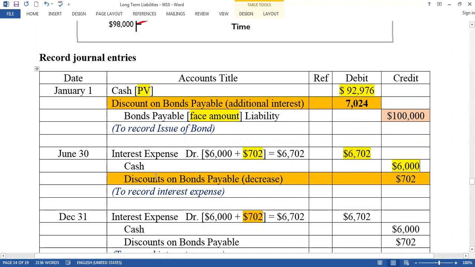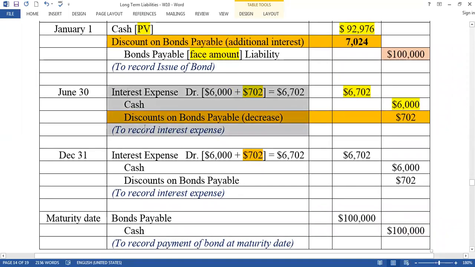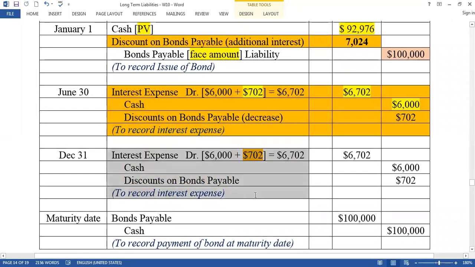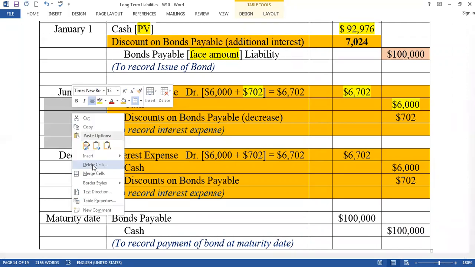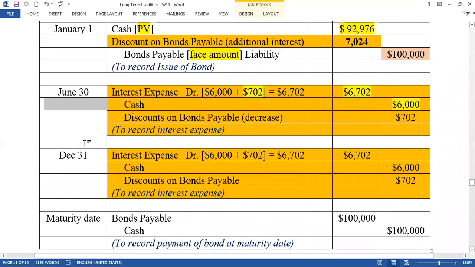Very good. So this is the interest expense for June 30. And this is the same journal entry for December 31st. So this is year one interest expense.